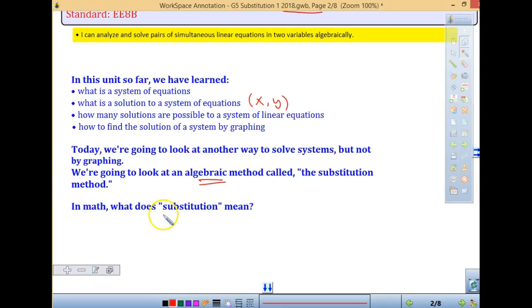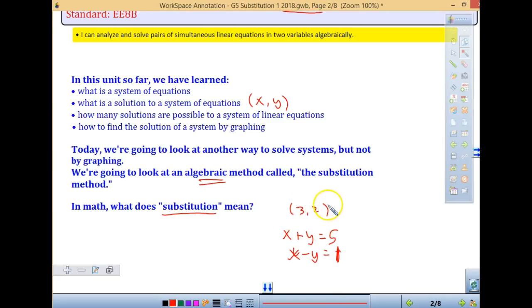The key thing I want you to think about is, what does substitution mean? We have been substituting when I gave you a solution. If we were looking at your homework last week and you did a graph, the solution was something like 3, 2. 3, 2 was a solution for x plus y equals 5 and x minus y equals 1.